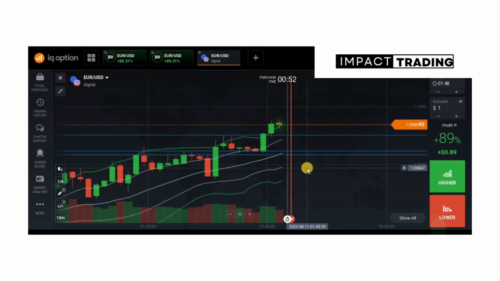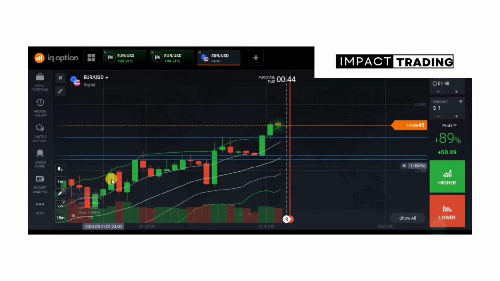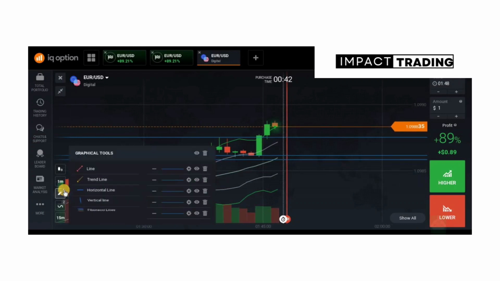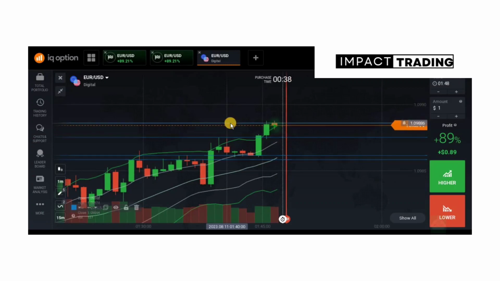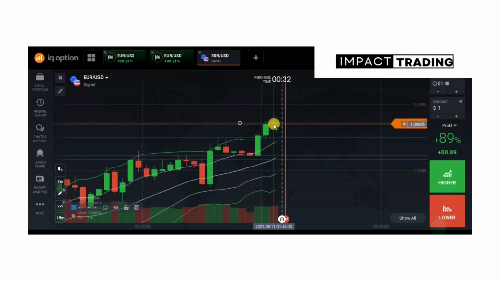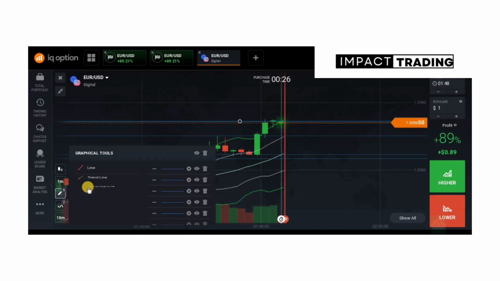I'll wait. And I'll just use this newly formed resistance as my next reference point. I'll be waiting for the market to break up from these points. I'll wait.